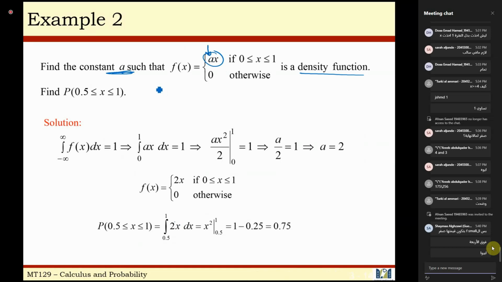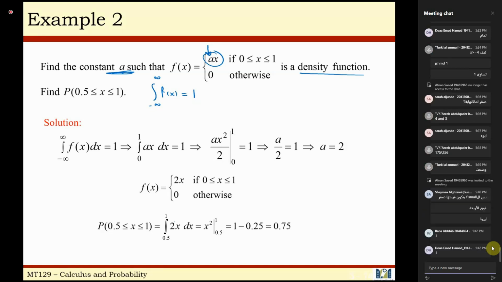So the integral of f of x from minus infinity to infinity, for it to be a density function, must be equal to 1. But we have the interval only from 0 to 1. So the integral of ax must be equal to 1. What is the integral?